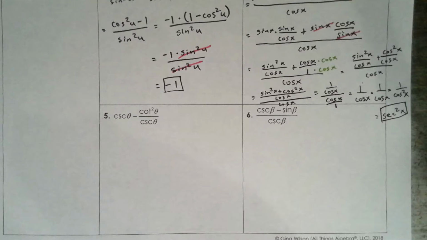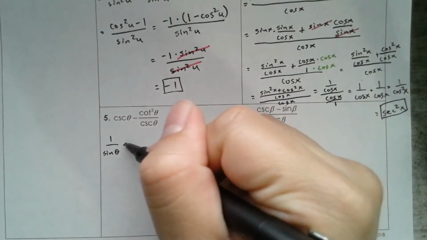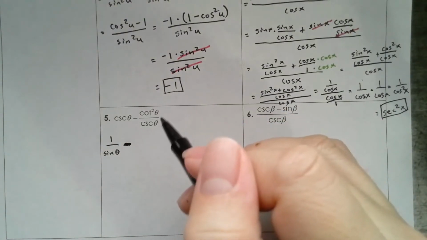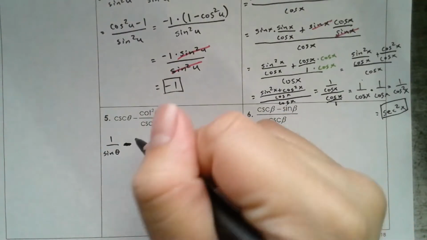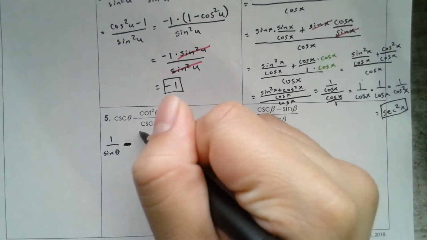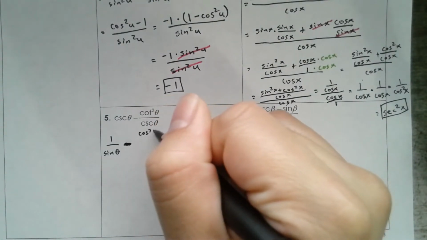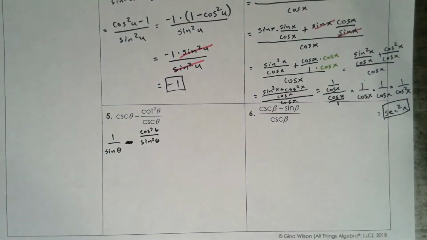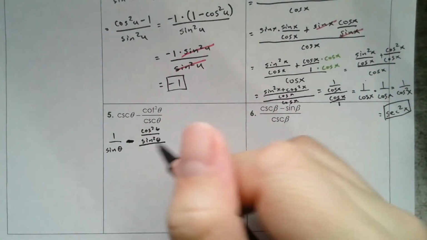I'll have 1 over sine theta minus cotangent squared theta over cosecant theta. The top here will become cotangent squared theta, so cosine squared theta over sine squared theta, all over cosecant theta, which is 1 over sine theta.